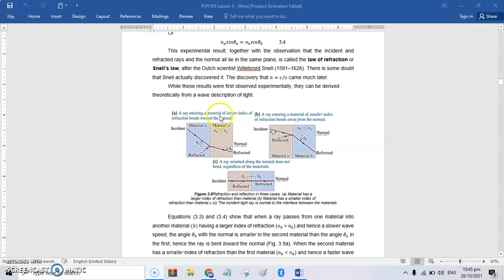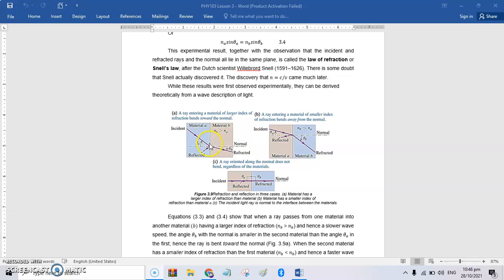First, a ray entering a material of larger index of refraction bends toward the normal. So, sa incident entering a material of larger index of refraction bends toward the normal. So, possible na since malaki yung index of refraction ni material B, kasi ang ray is nag-enter siya sa material of larger index of refraction, bends toward the normal.